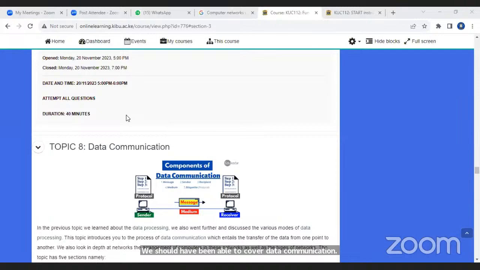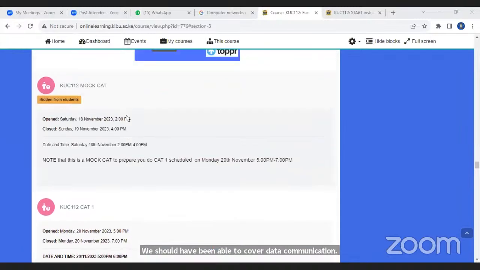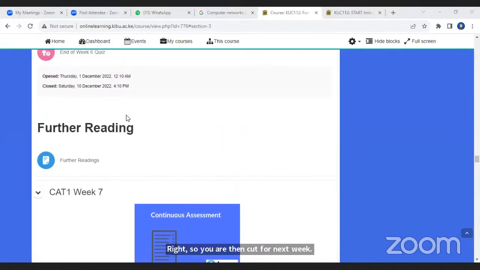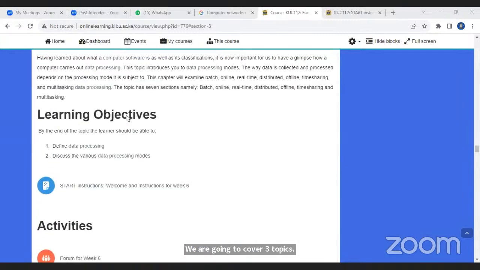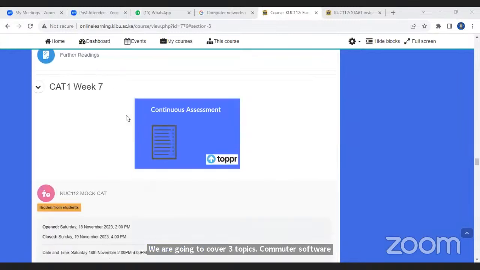So the CAT for next week covers 3 topics: computer software, data processing, and data communication.